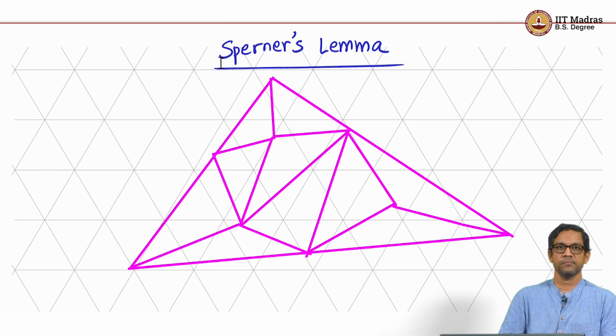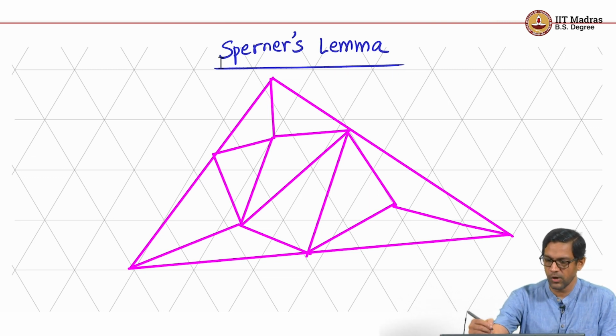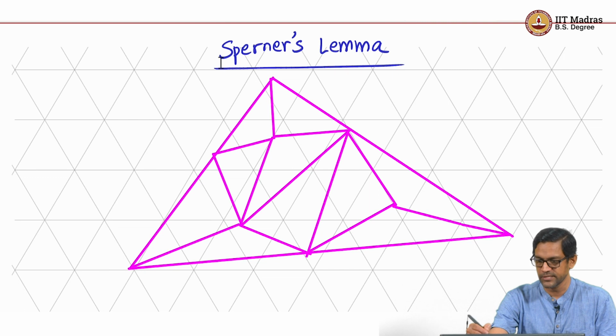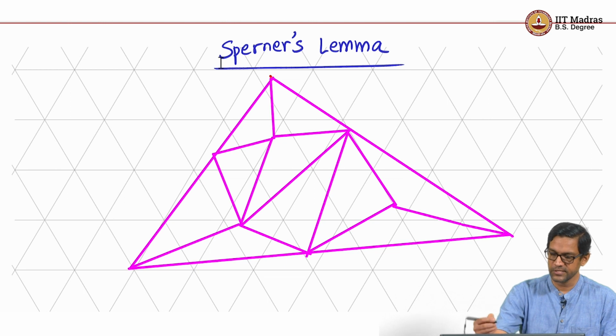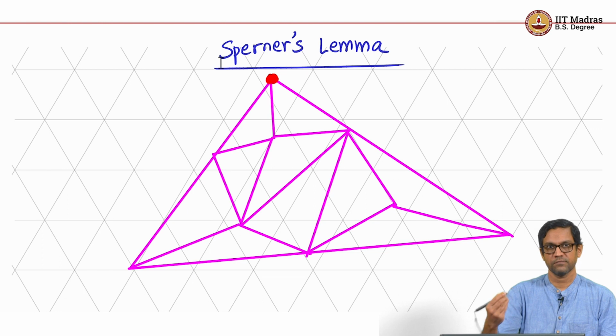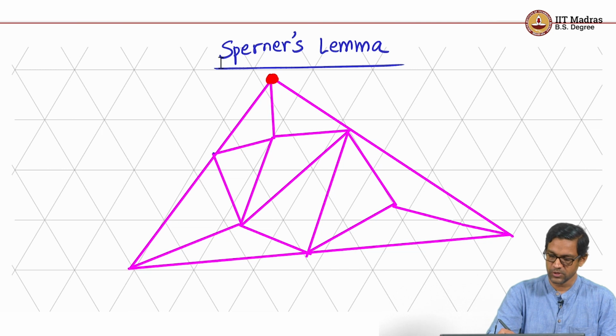So I drew some outer triangle and then a bunch of triangles inside, and now the goal is the following. Where do you place the balls? You place the balls at the various vertices. So now the objective is to try and place balls at these places, subject to any one of the conditions. You either look at version 1 or version 2 based on whatever one wants to look at, and the same thing.